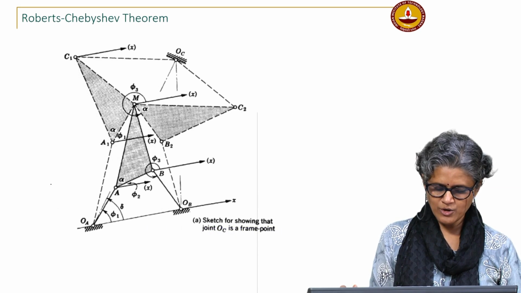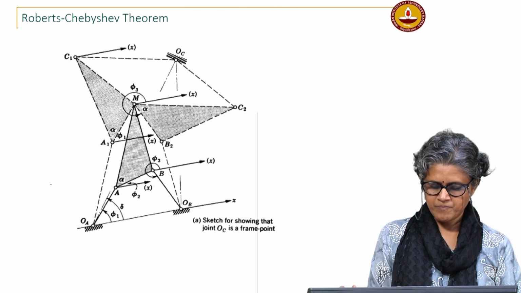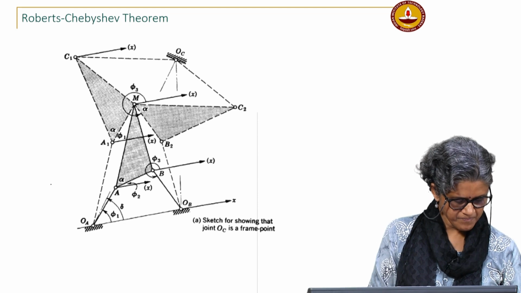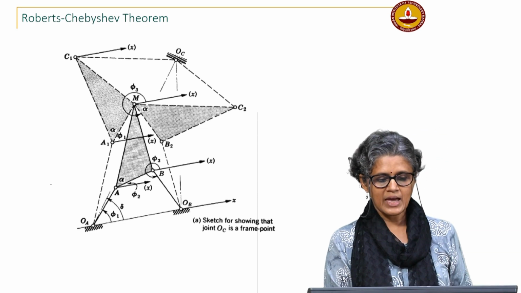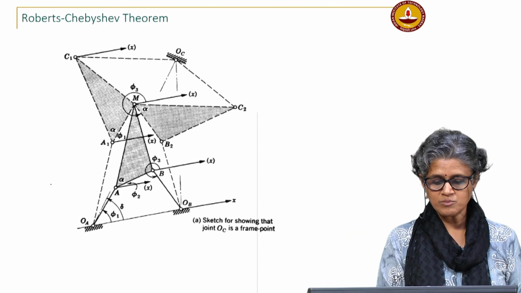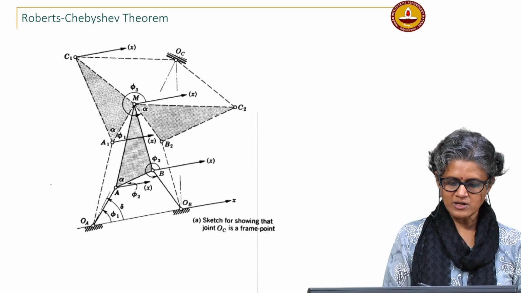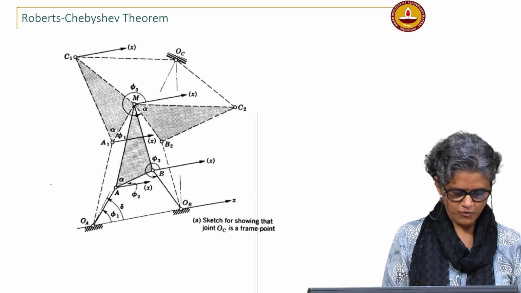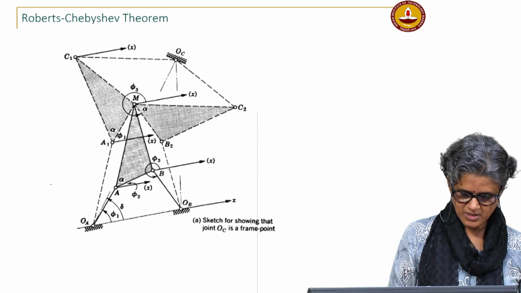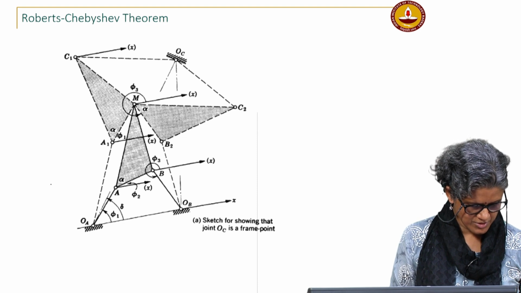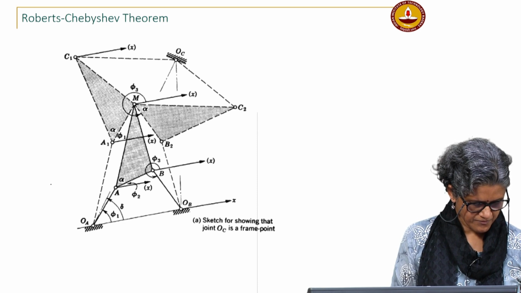Now we are going to show how this joint OC does not move for this particular geometry, for this particular construction of the cognates. Okay. So, that is what we are going to show.